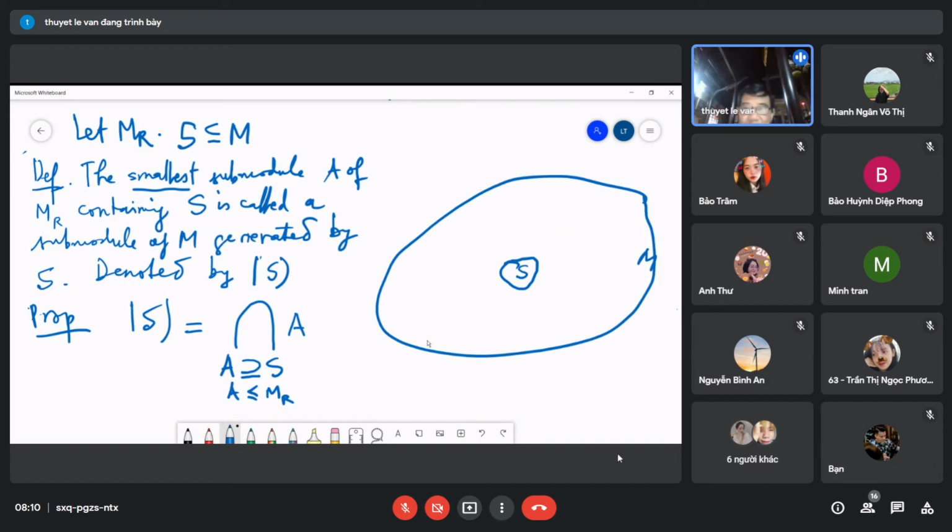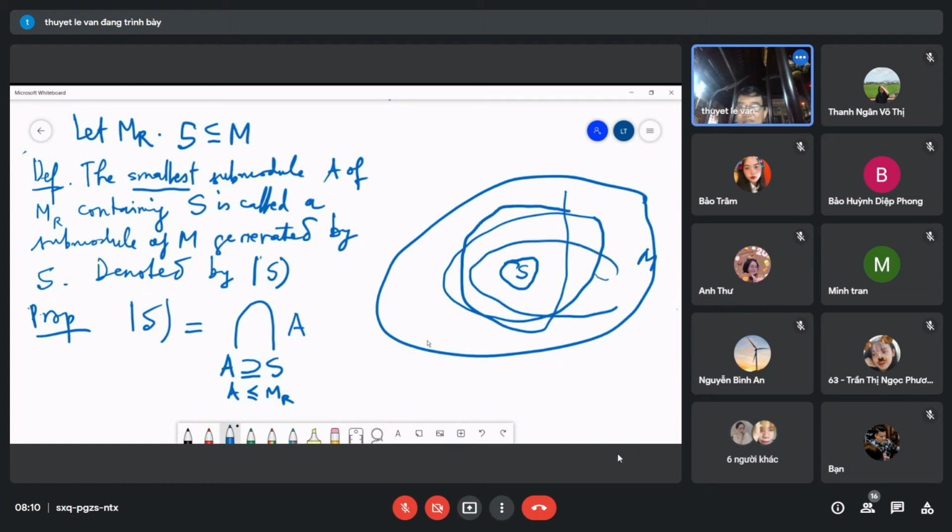Now you have many submodules containing S. You take the intersection, and the intersection is here.